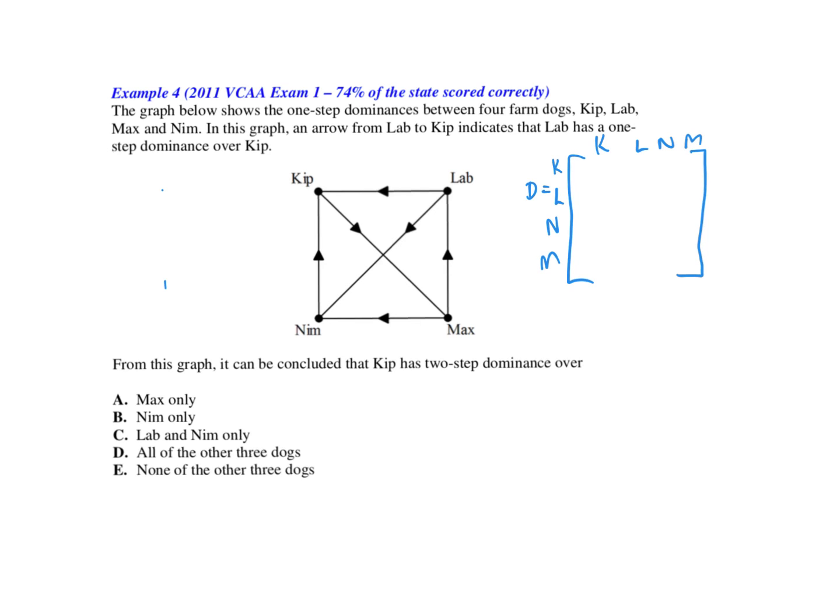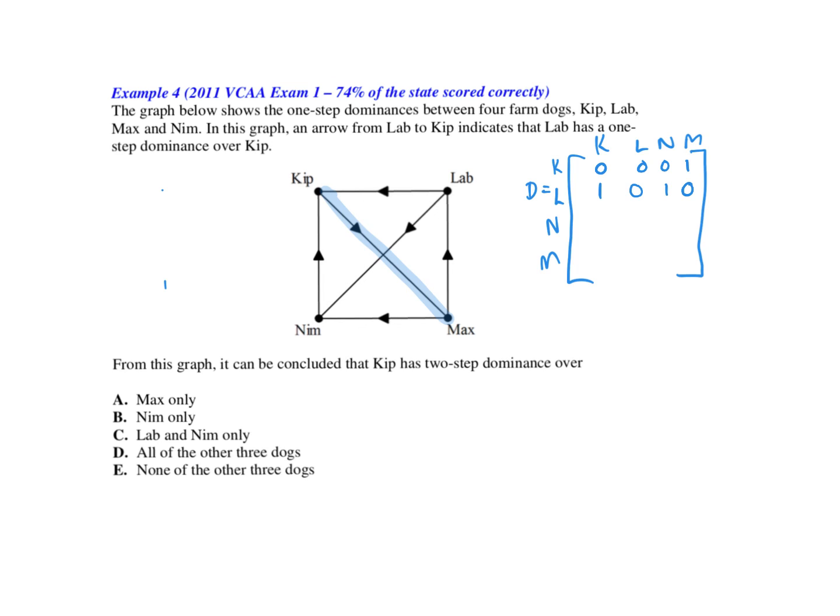Okay, and I'm going to fill that in. So if I look at Kip, Kip can win against Max only. So Kip, Max, the rest 0. If I look at Lab, Lab beats only Kip and Nim.